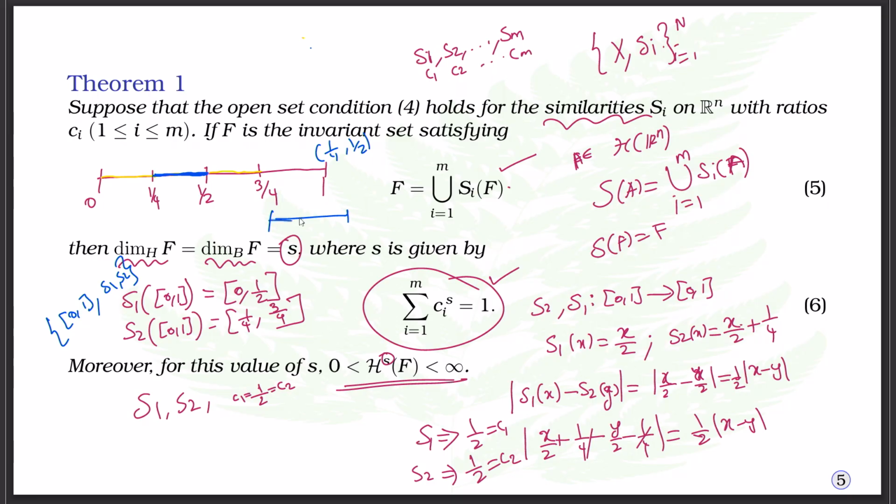Obviously, if this is an interval, the Hausdorff dimension will give the length, therefore the Hausdorff dimension of the interval is 1. That means for this attractor, say F, the Hausdorff dimension of F is 1, and the box counting dimension of F we will also get as 1.